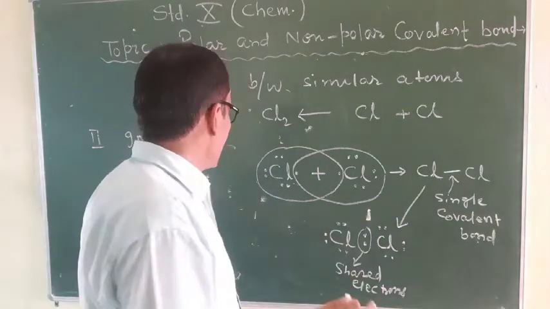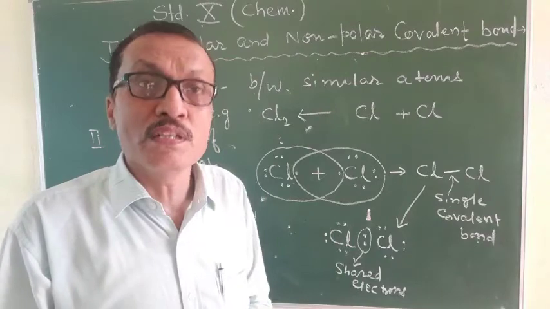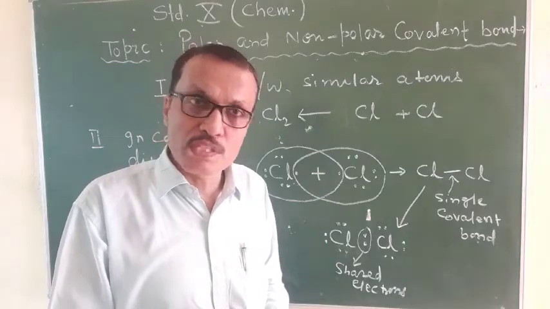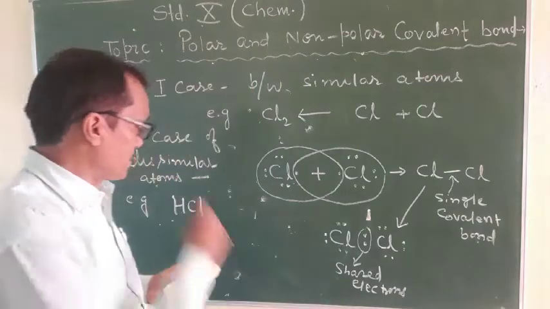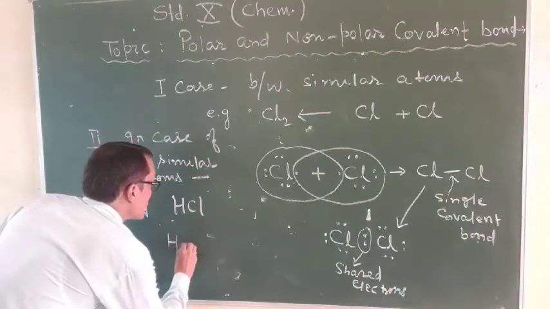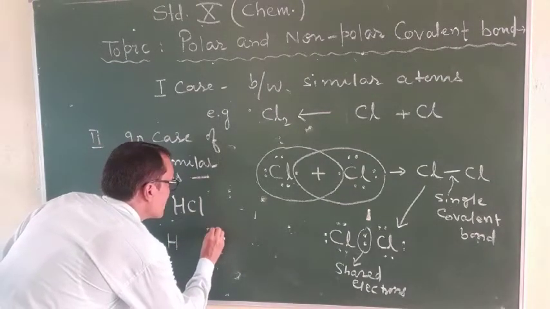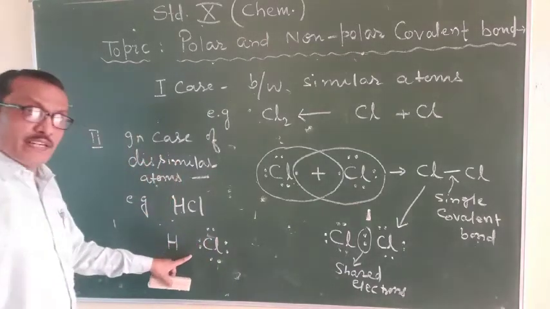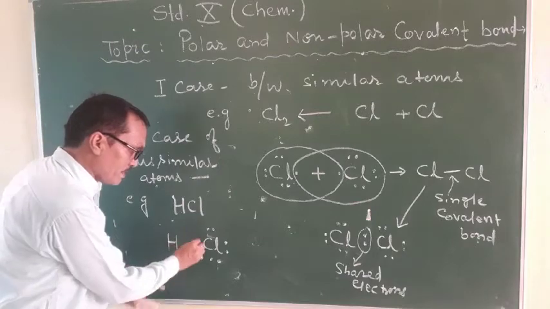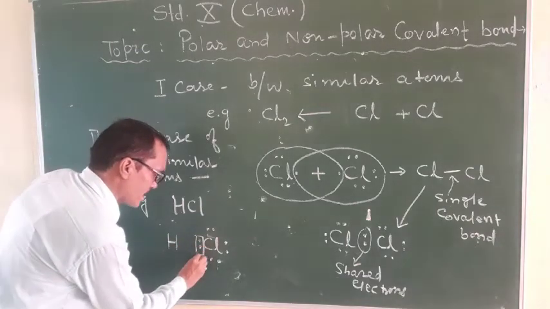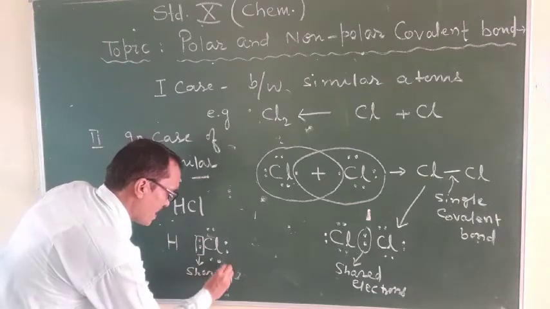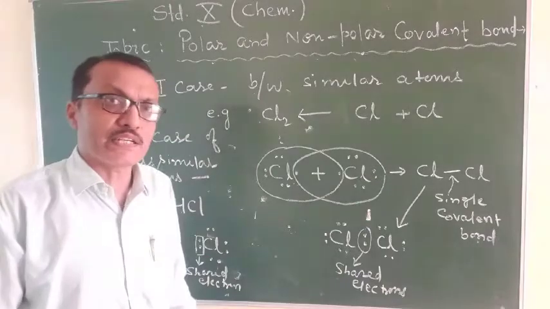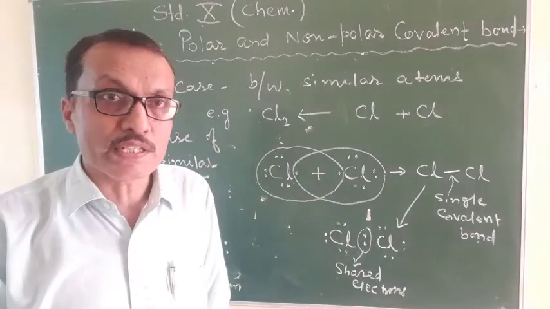Due to the more electronegative nature of chlorine, the shared electron is displaced more towards the chlorine atom, and you can show it like this. This is the shared electron, displaced more towards chlorine due to its more electronegative nature.